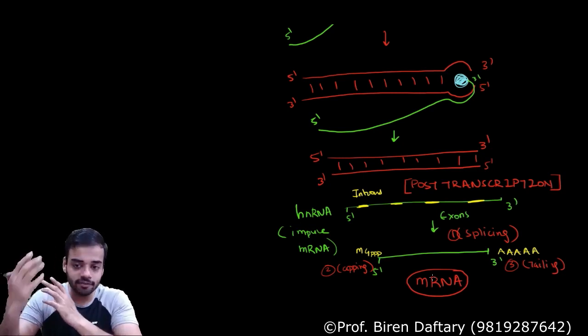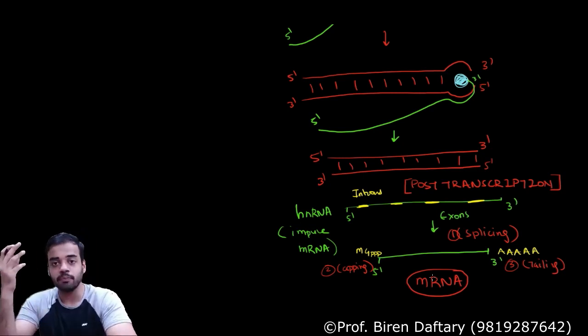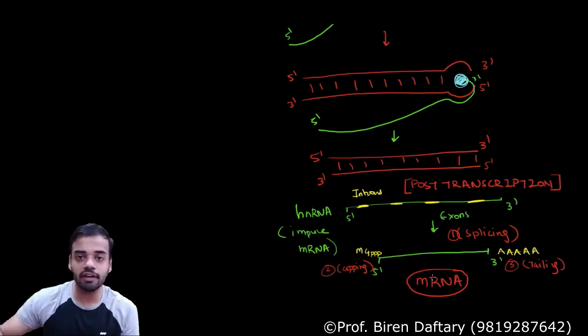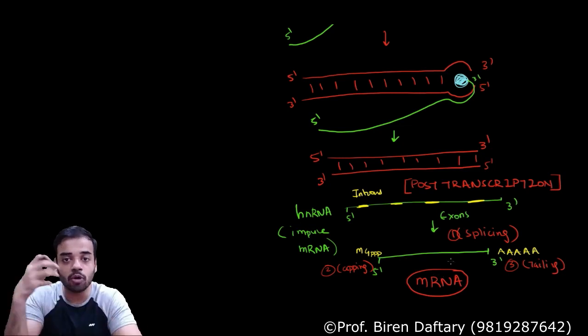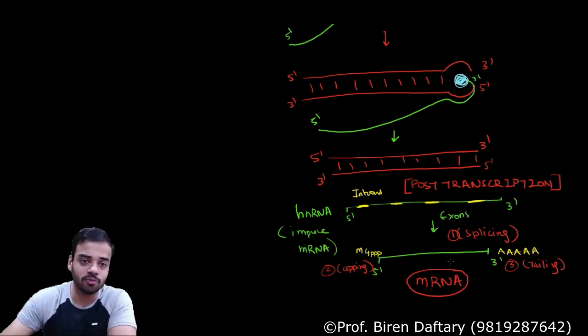Okay, so we have completed with transcription, and this is the first part of protein synthesis. Now what will happen to this RNA? This mRNA is formed in the nucleus. It will go out into the cytoplasm. Many people will think, how will it go out into the cytoplasm?